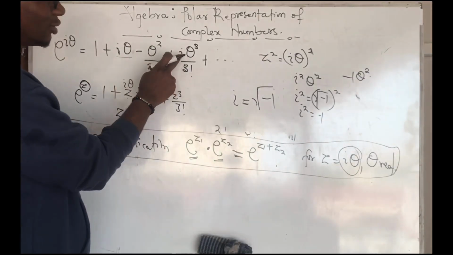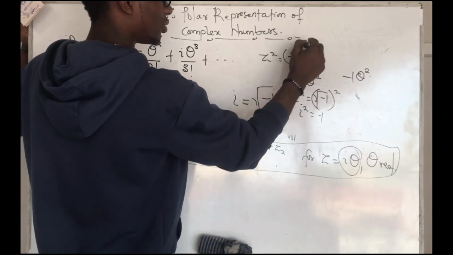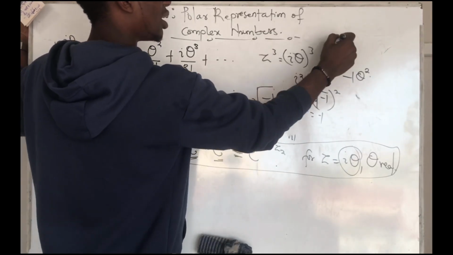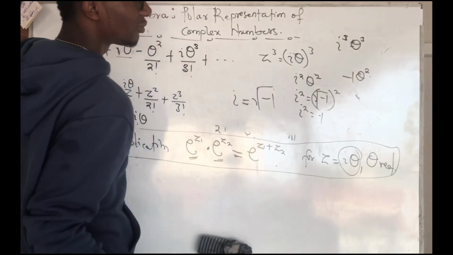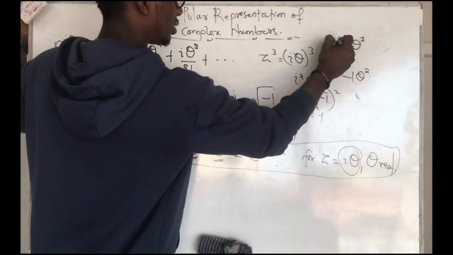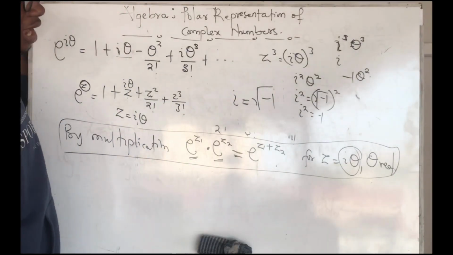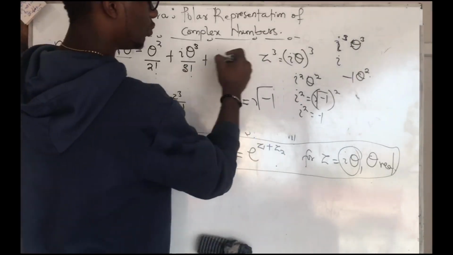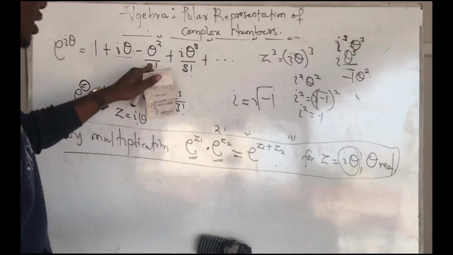And this part, the i will come because we get i cubed. So z cubed will give i cubed times theta cubed, and i cubed will give you negative i. So we put the i there and we get theta cubed. So that's how we got it.